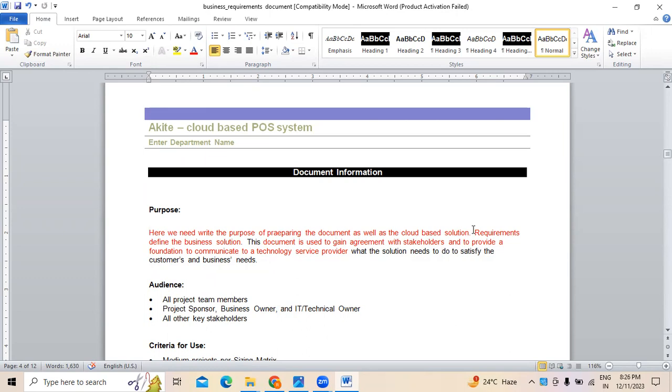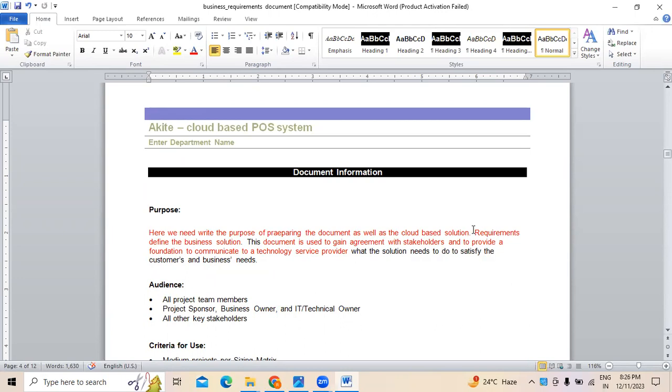Cloud-based point of sale system is what we are doing. So write down what exactly the project is all about and the purpose behind preparing this business requirements document, because we majorly prepare a business requirements document to explain the business functionalities of the project. That's where the purpose will be mentioned.